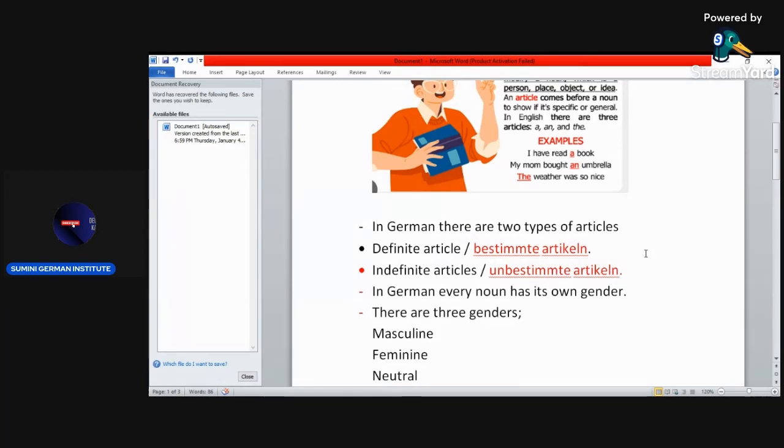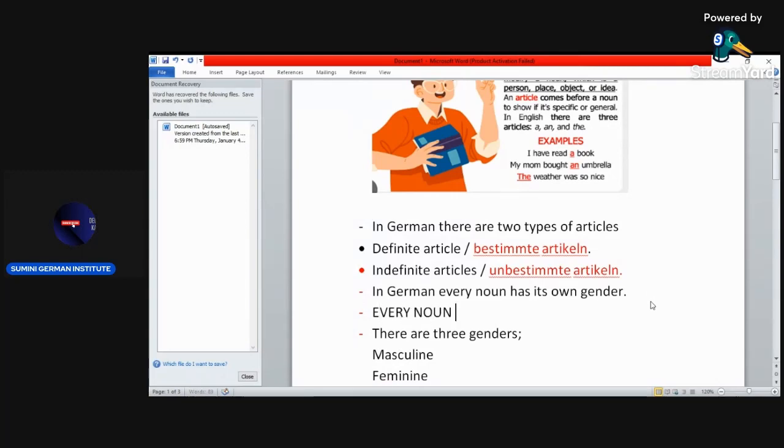Then there's something interesting. In German, every noun has its own gender. A chair has a gender, a pen has a gender, a book has a gender. Every noun.